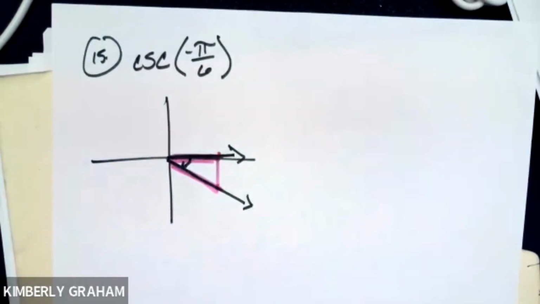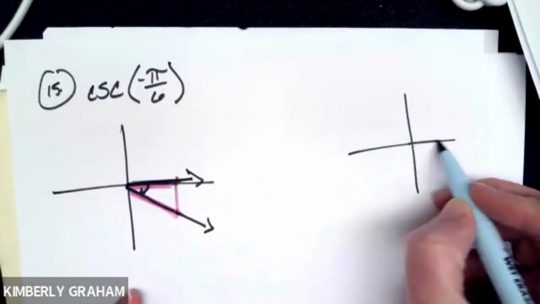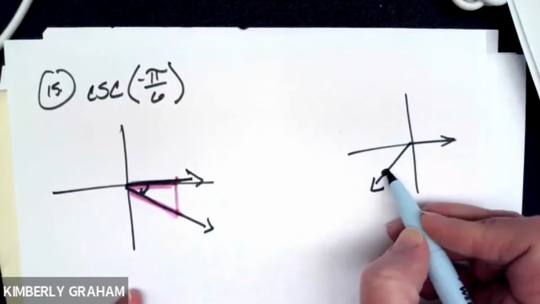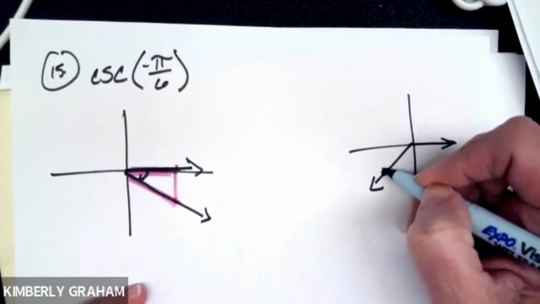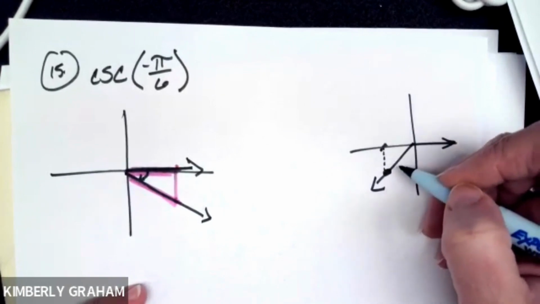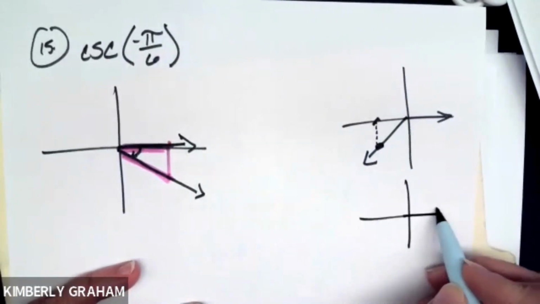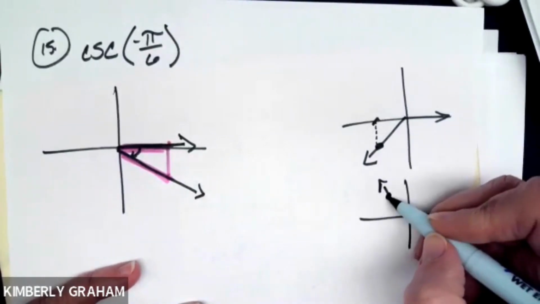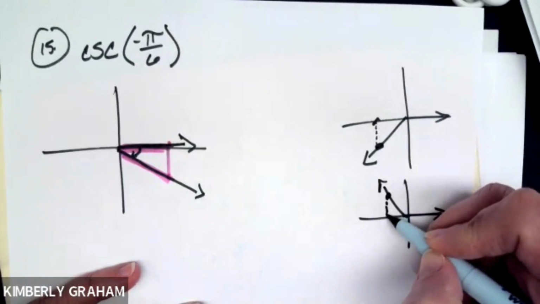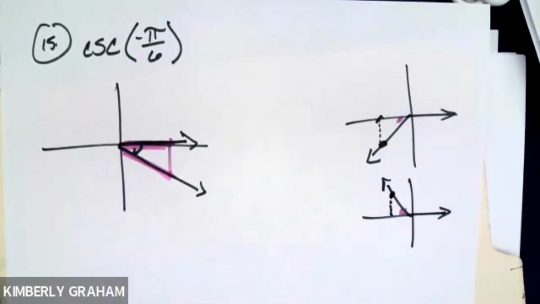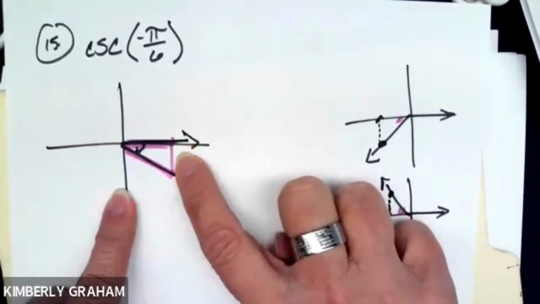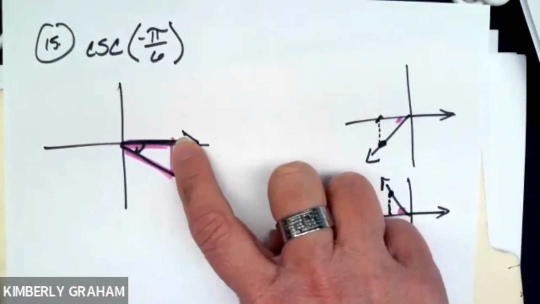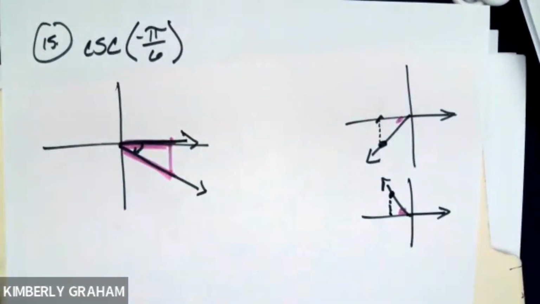If you're over here in quadrant 3, pick a point on the terminal side and then go straight up to the x-axis. If you're in quadrant 2, pick a point on the terminal side, and then you're going to go straight down to the x-axis. Either way, when you're making your reference angle, be sure that you're going to the x-axis. You're not going over here to the y-axis. You're going to the x-axis.